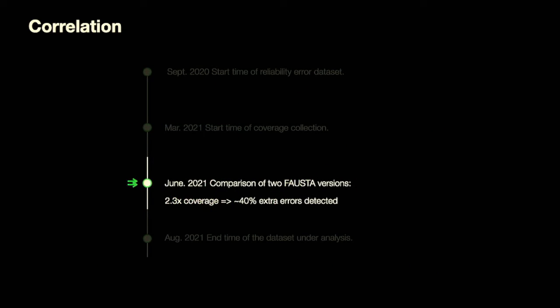During a one month period, we ran two versions of Foster on every published diff: the base version and the improved version with 2.3x coverage. We then compared their detected errors. We found the additional coverage contributed to around 40% of detected issues, which would otherwise be missed. So this confirms the importance of code coverage, which we are continuing to improve.